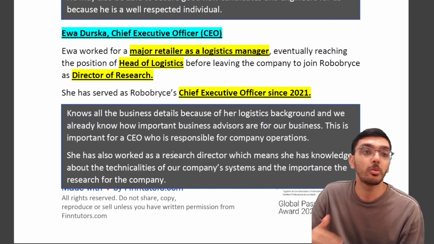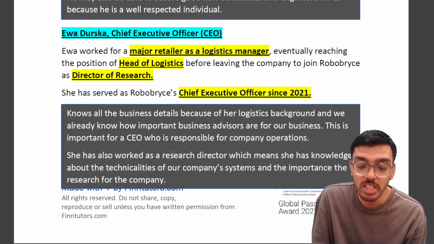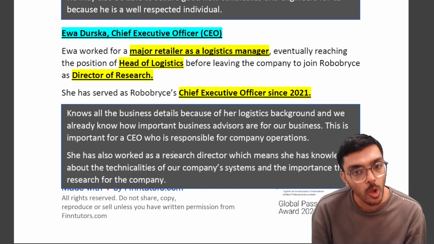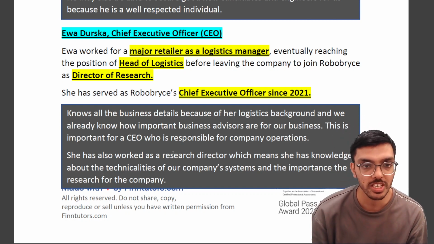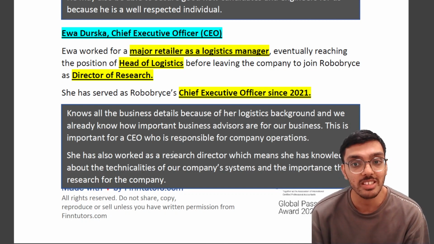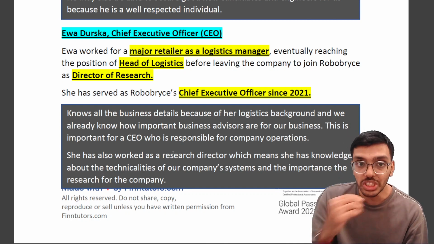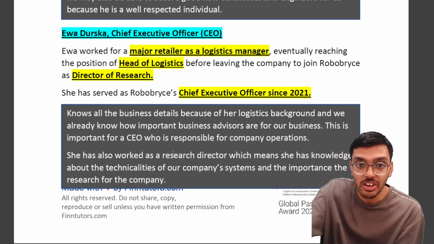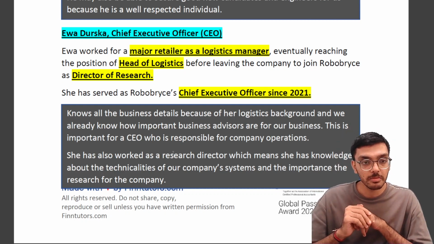She signed up with Robobryce as a director of research and has now become CEO. So she knows all the business details because of her logistics background. And we already know how important business advisors are for our business. So she will know the importance of logistics management and relationship with clients.